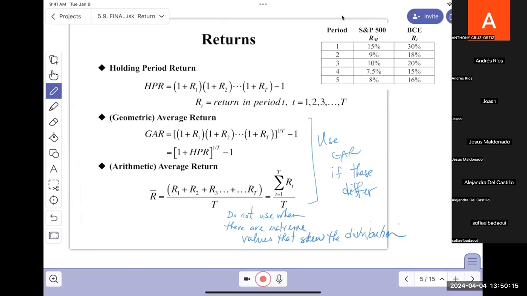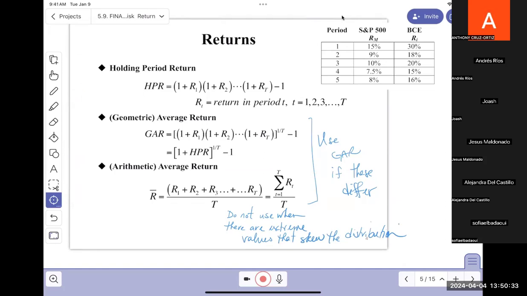And essentially for our purposes, if you calculate both of them, which is common, and they're different, use GAR. If they're not different, it doesn't really matter.